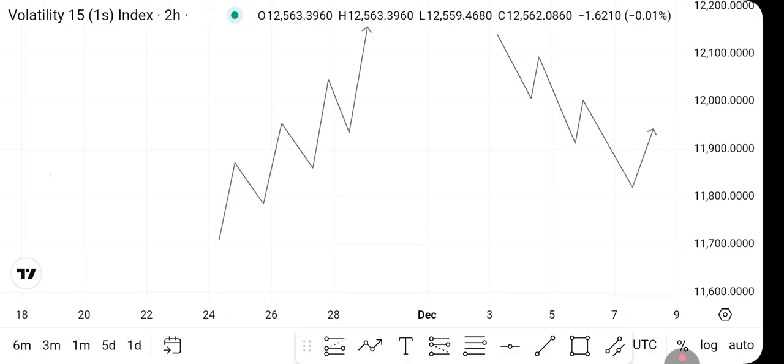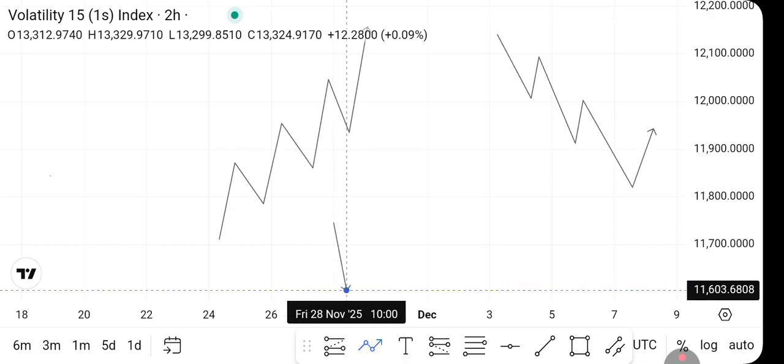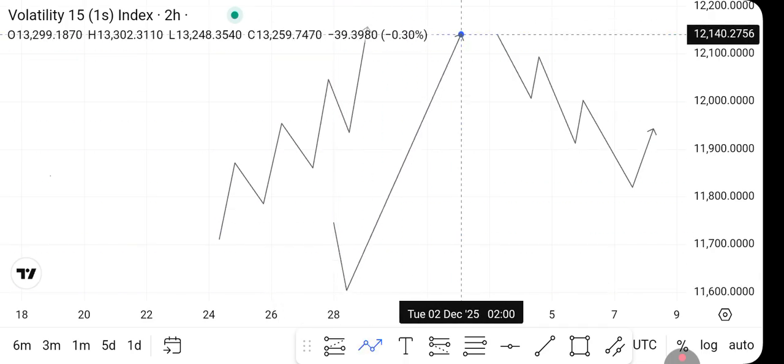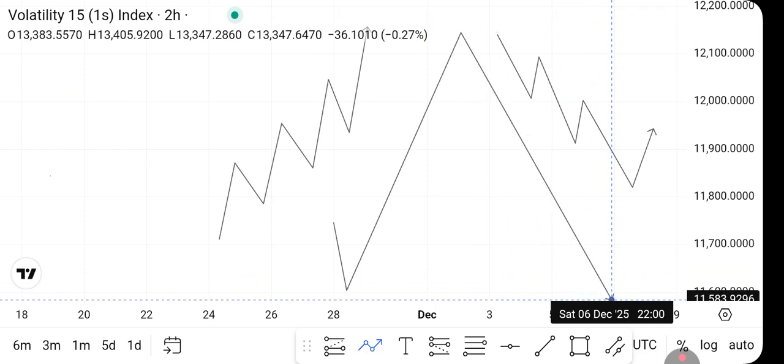So how do you know the bias of the market per time? Because of course the market doesn't move in a straight line, right? You can't have a market move up like this and then start coming down just like that.